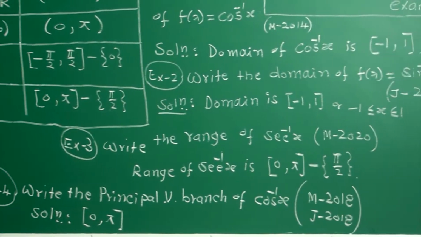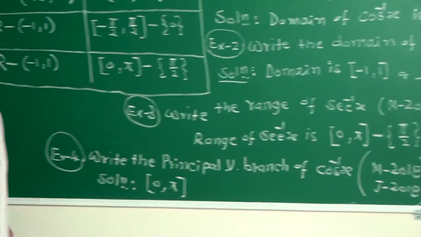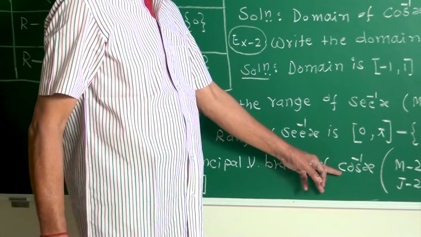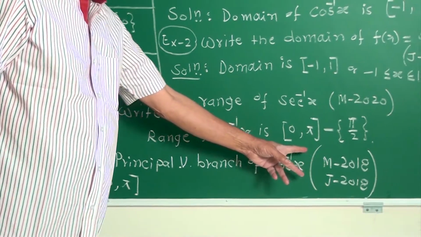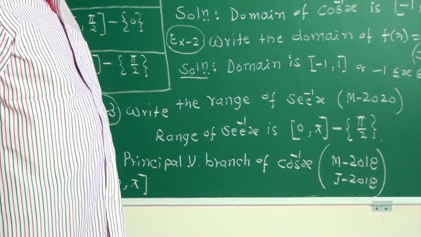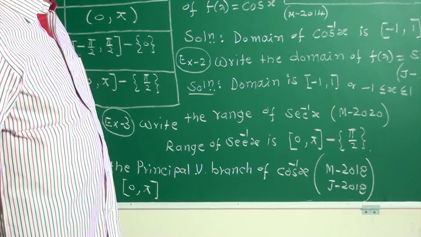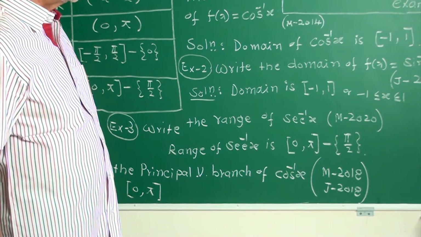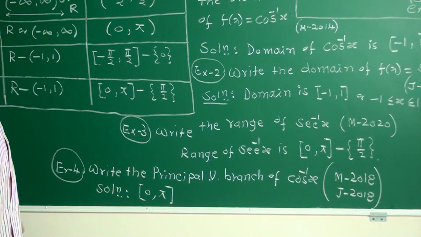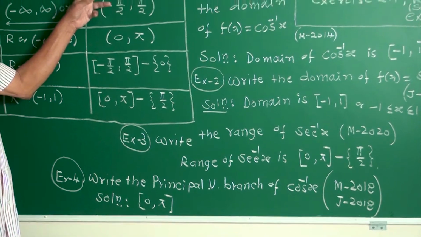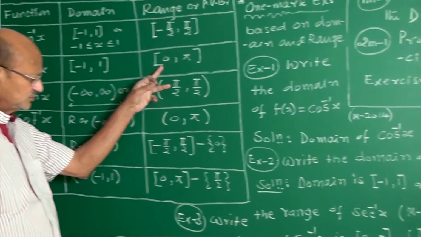Then the fourth example is: write the principal value branch of cos inverse x. It appeared twice, my friends, in March as well as July 2018. The answer: the principal value branch of cos inverse x is the closed interval 0 to pi.